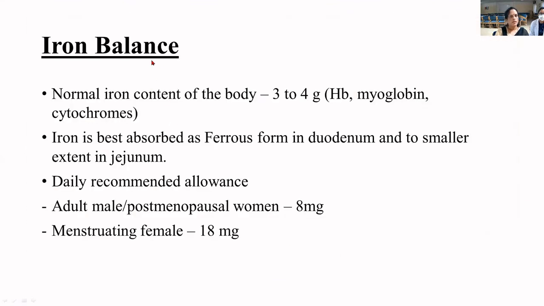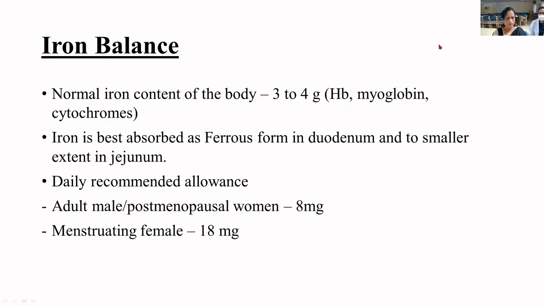Yes. So let us talk about iron balance. Normally we say there is positive iron balance. What is the meaning of it? The amount we consume, the amount that is excreted. Okay. So it is maintained. Normal iron content of the body is 3 to 4 grams. Where is the iron present?